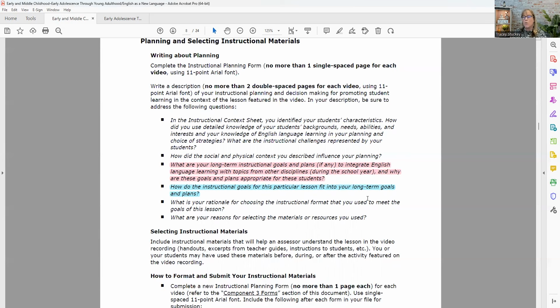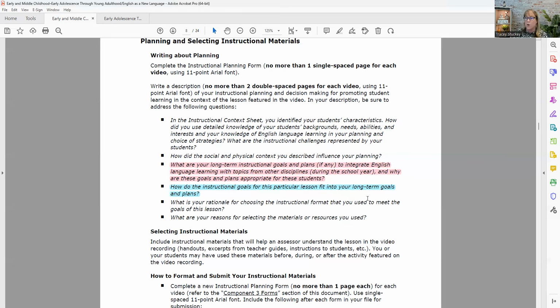All right. So what are your long-term instructional goals and plans, if any, to integrate, in this case, because this is an ENL, this would say EC Gen or math or science or whatever your area is, depending upon your particular portfolio. But otherwise, it's all going to be the same. To integrate your subject area learning with topics from other disciplines during the school year.